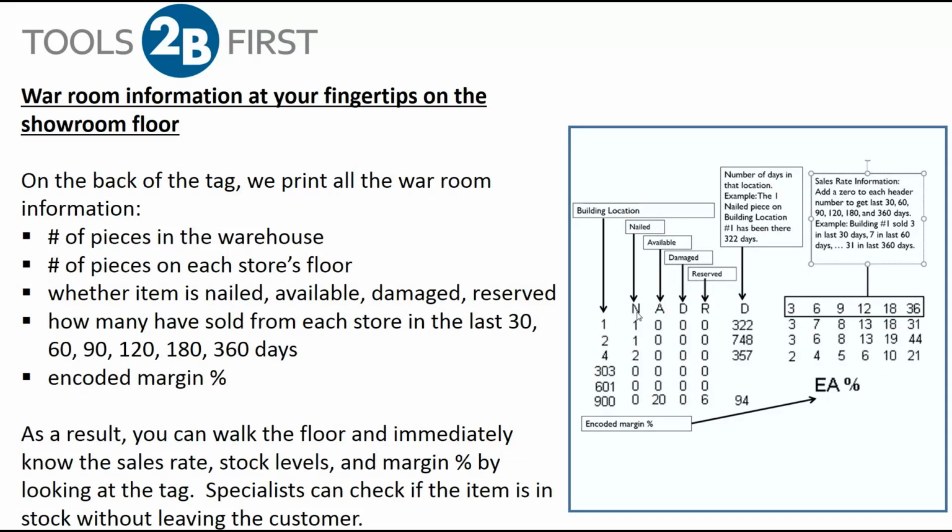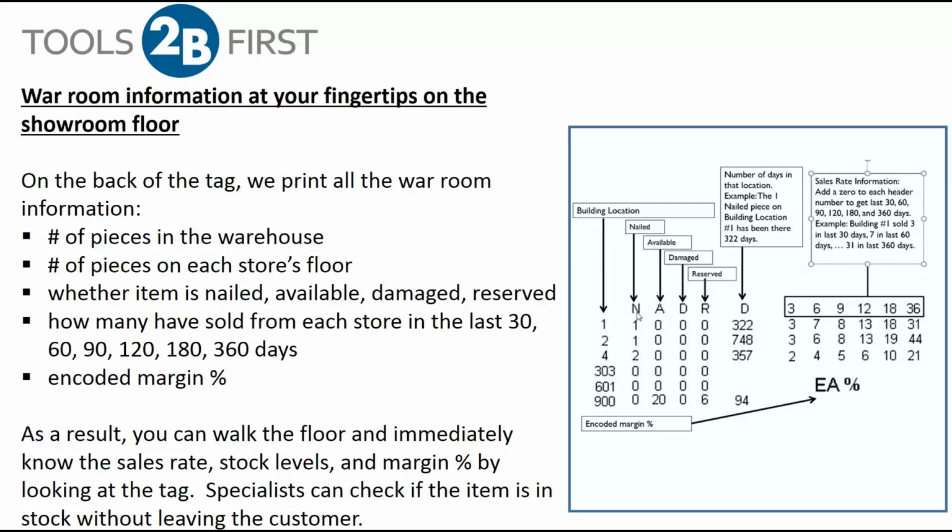You have 0 damaged, and then 0 reserved in buildings 1, 2, and 4. But you can see you have 6 in building 900 that are reserved, and you have 20 in building 900 that are available.